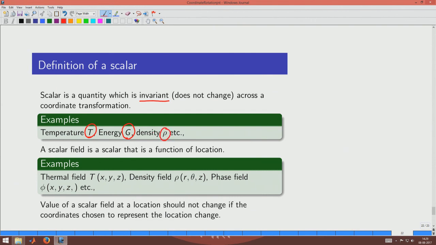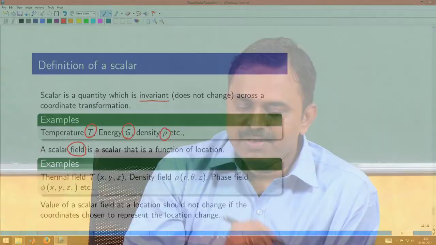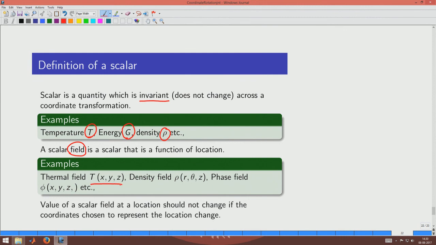So, now scalar field is something that we are introducing now. It is the same sense as what we have said for vector field. A scalar field is basically a scalar which changes its value as a function of the location, but not when the coordinate system is rotated. So, we have temperature field, we have density field, we have phase field, and so on.